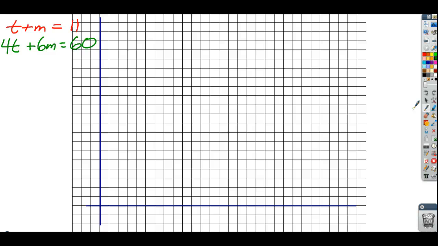So let's say we'll do this side as true false, and we'll do this as multiple choice.